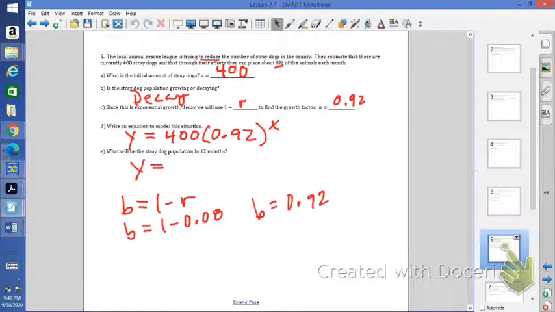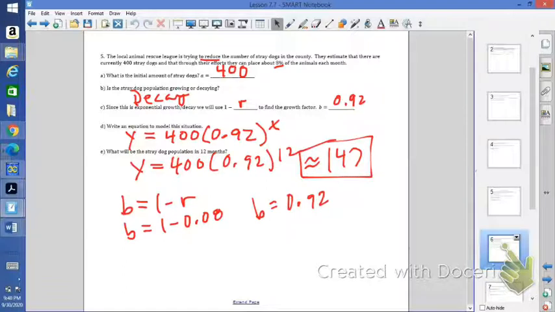So y equals 400 times 0.92 to the 12th. And you'll get approximately, they're going to have 147 stray dogs.